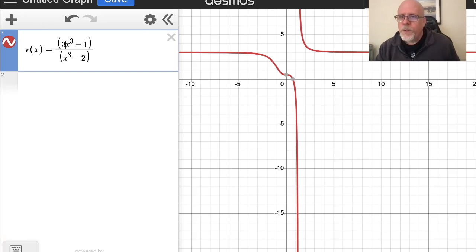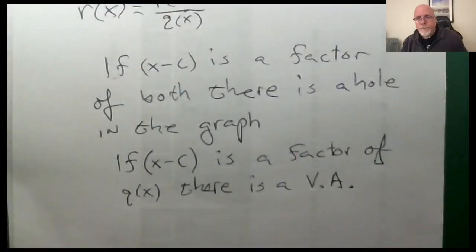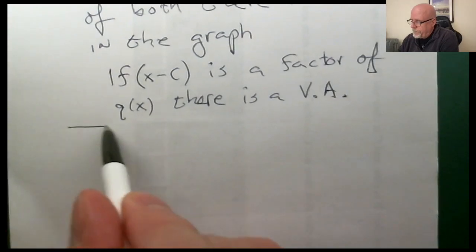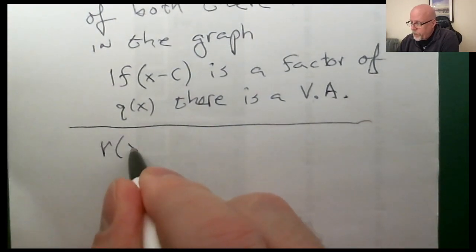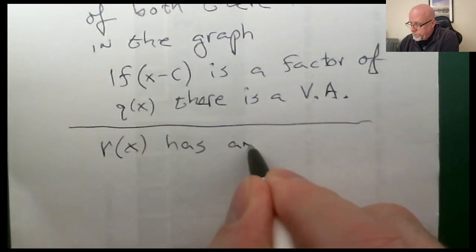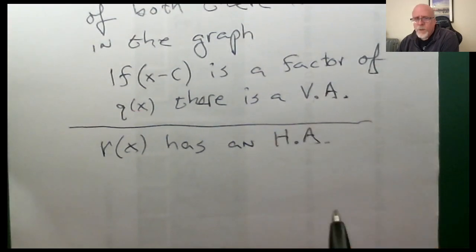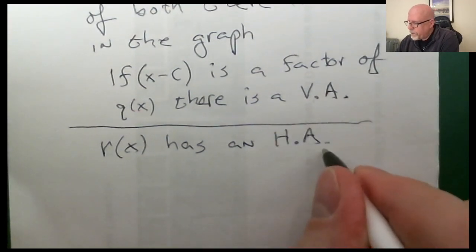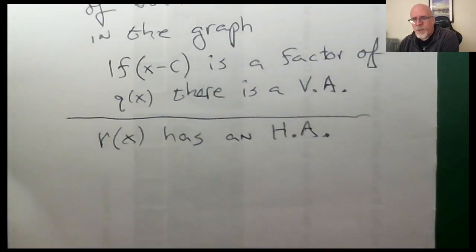Okay, so how do we figure out what these horizontal asymptotes are? Basically, r of x will have a horizontal asymptote if p of x and q of x are the same size. And when you're talking about the size of polynomials, you mean what's their degree.